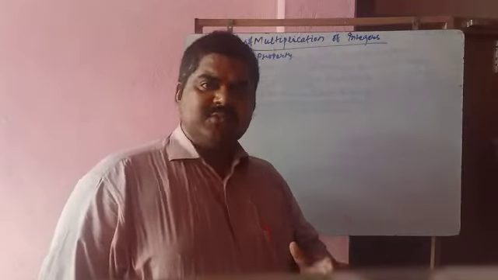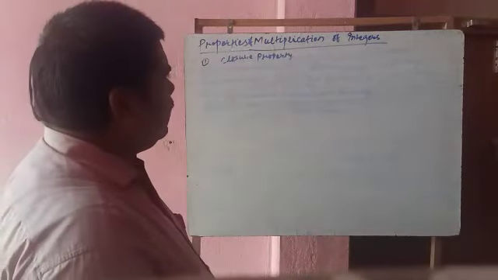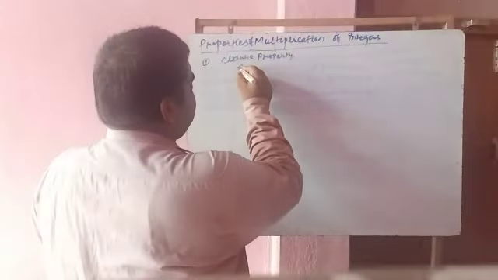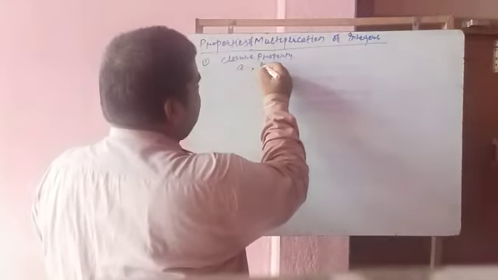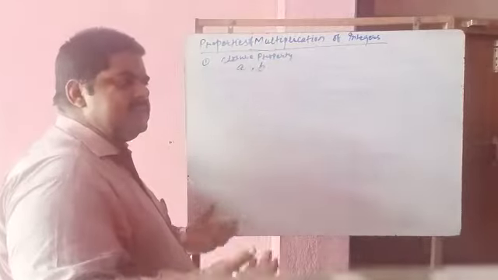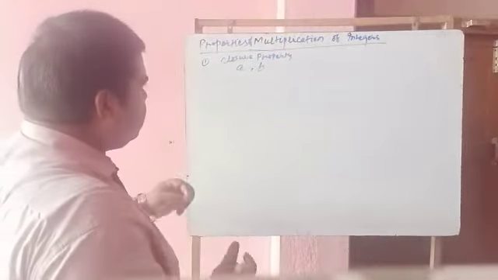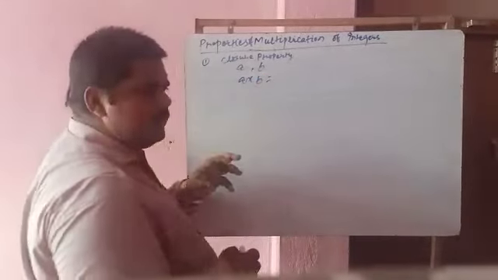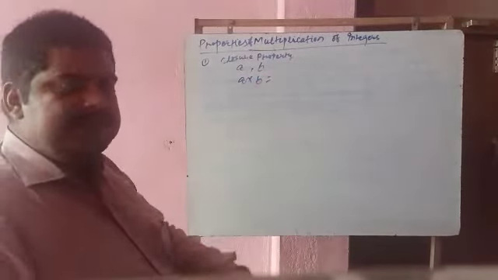Regarding the closure property of multiplication of integers, when a and b are any two integers, then if you multiply a into b, its product must be an integer.